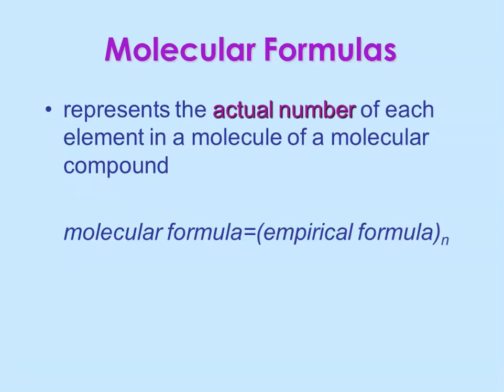So if you know the skeleton, and you know that the molecular formula has to be some multiple of that empirical formula, you can use those two pieces together to figure out what the actual formula would be.